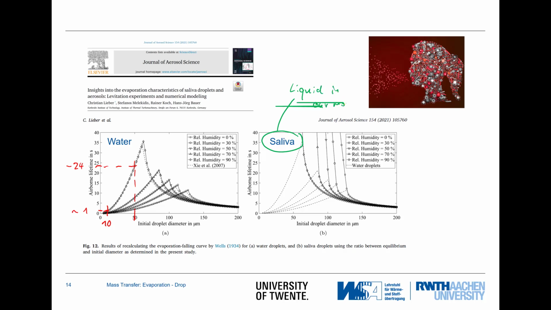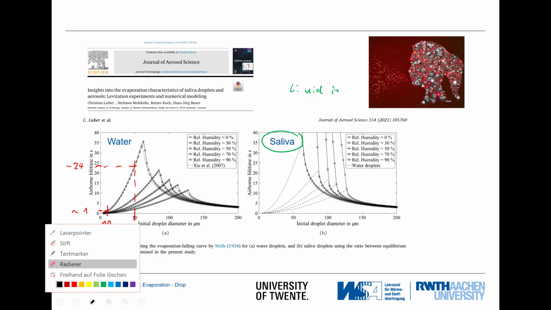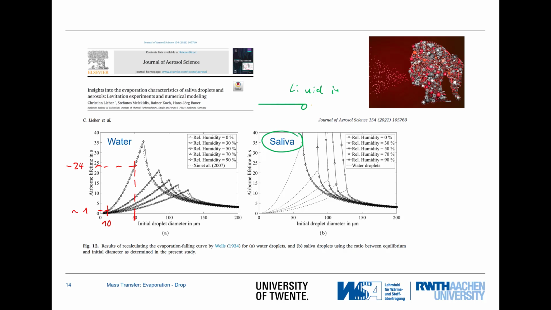And there the scientific colleagues found that the droplet diameter reduces due to evaporation, but due to the enzymes and other substances present in saliva, the diameter got reduced to a certain limited size, and then this droplet stayed in the air for almost forever, half an hour or even longer.